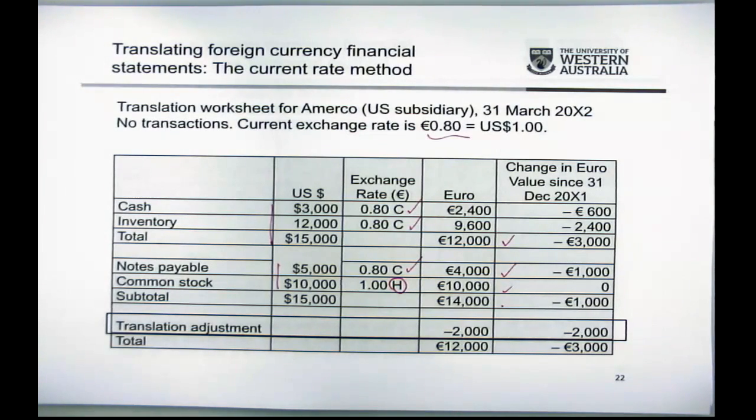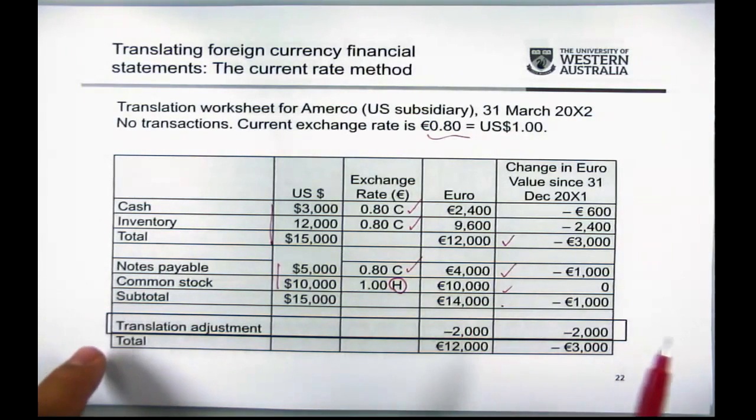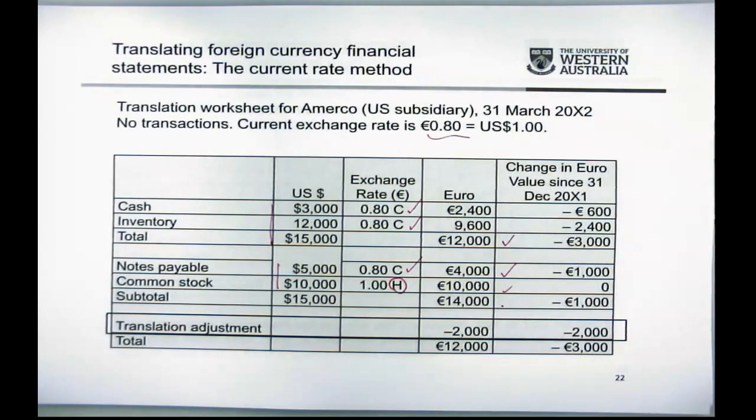And under the temporal method, it is reported under the income statement. But even then, the effect of the translation adjustment will ultimately be included in the equity, because normally the net income is allocated between retained earnings and dividends. So it will ultimately affect the equity side.